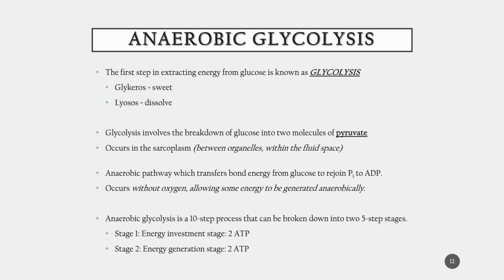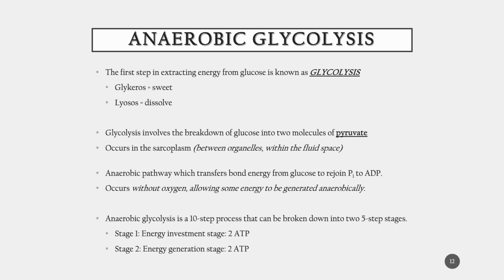The first step in extracting energy from glucose is known as glycolysis. Glycolysis means sweet and dissolve. It is simply the breakdown of glucose. Again, it occurs in the sarcoplasm, which is just the fluid space within our cell. It is the anaerobic pathway, which transfers energy from glucose to rejoin our phosphate to our ADP.